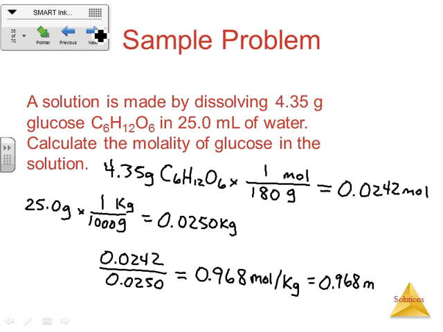So those are your two ways that you might see the unit molality, which, again, is very confusing. Big M can stand for molarity. It can also stand for molar mass, depending on whether you're working with gases or solutions. Little m can stand for mass, or it can stand for molality. Okay, so M is just used for way too many things.